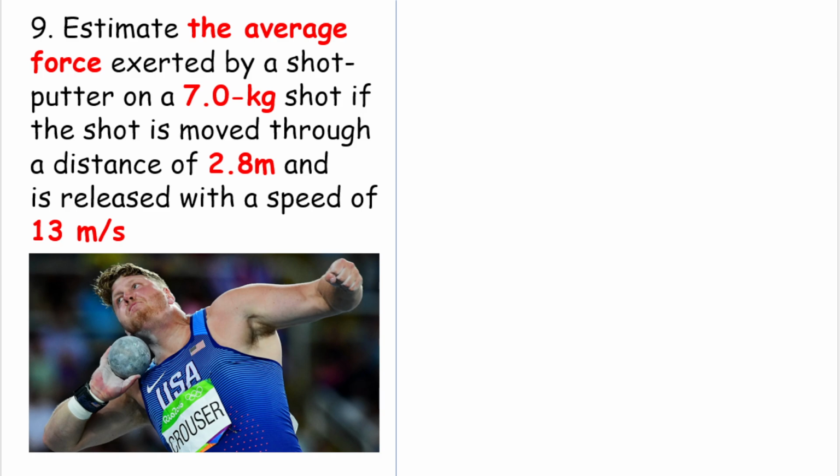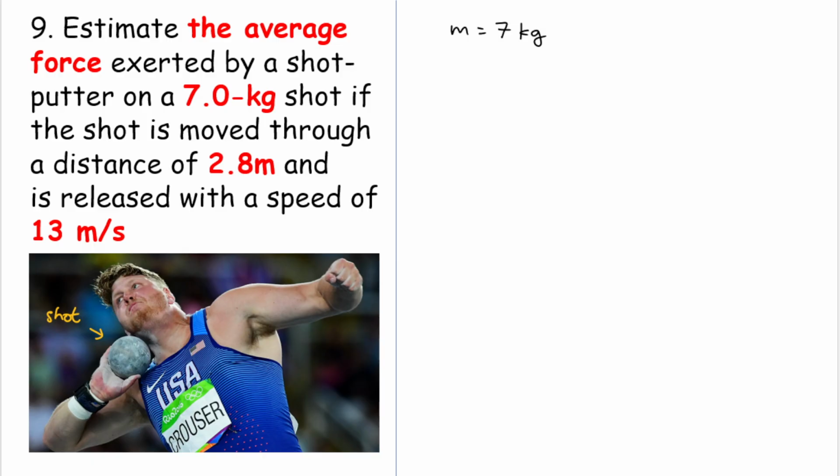This ball is called a shot, and it is heavy. So the mass of 7 kilograms makes sense. We'll have the mass of the shot be 7 kilograms.